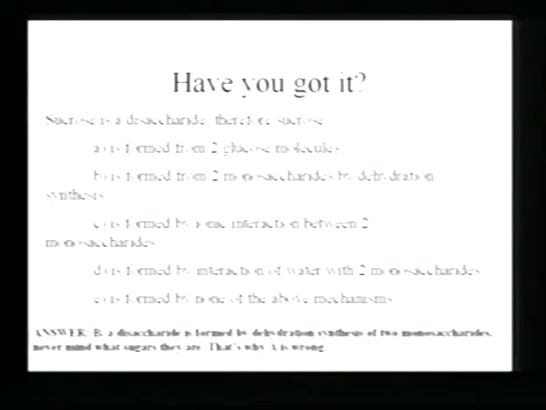The reason I asked about A is because you'd see disaccharide and you'd see two glucose molecules and think, oh yeah, two molecules, that must be right. It's not. A disaccharide is formed by dehydration synthesis of two monosaccharides. The monosaccharides that participate determine what the disaccharide is.